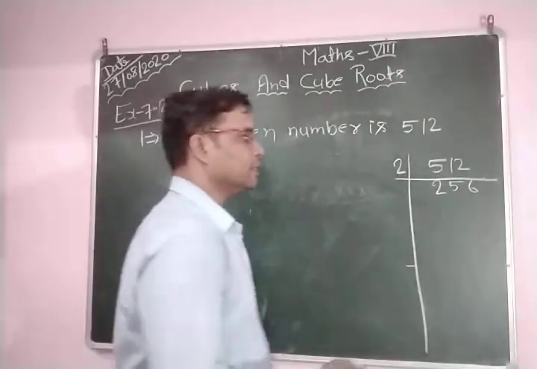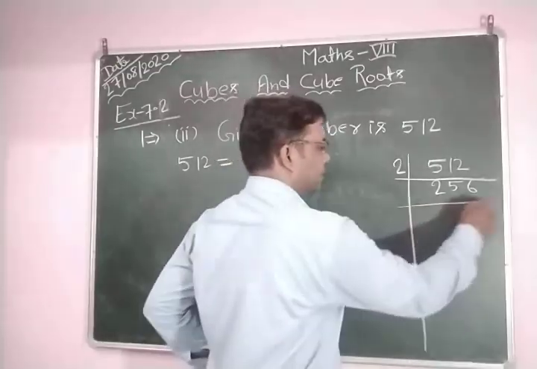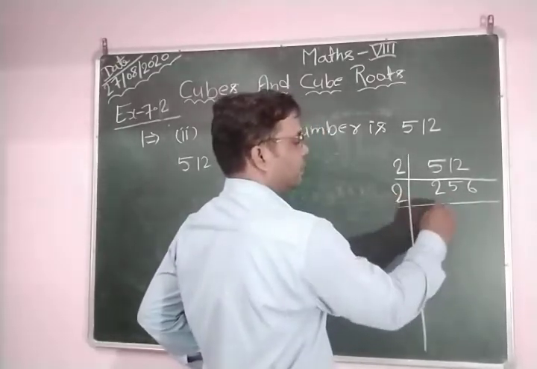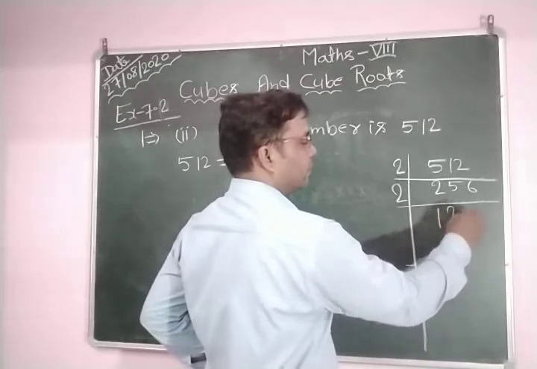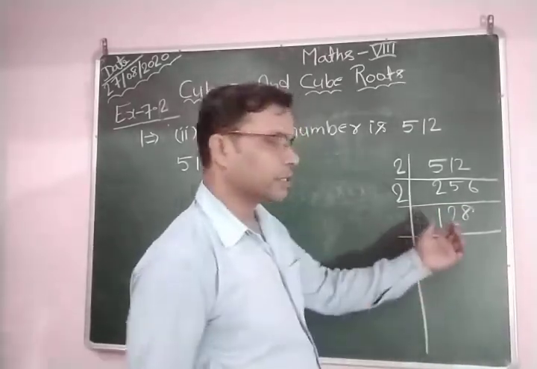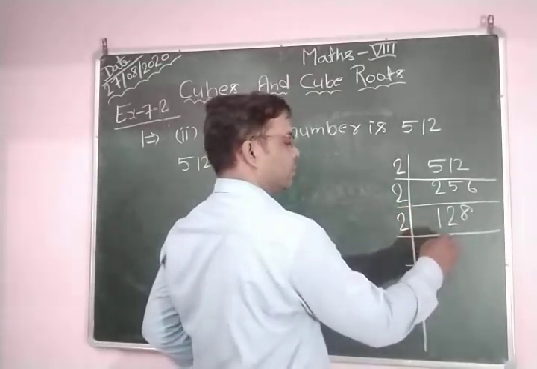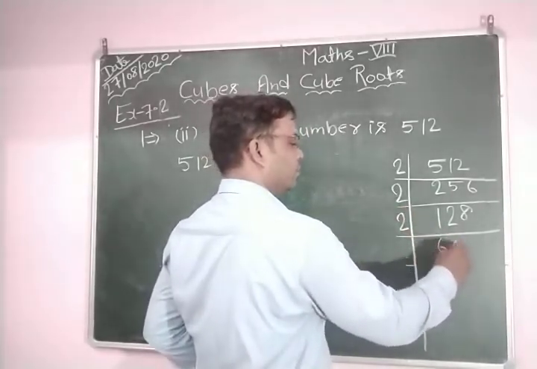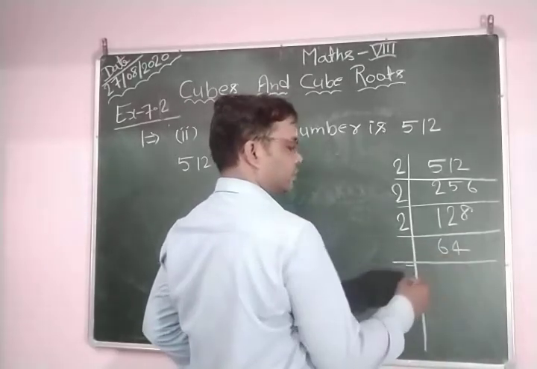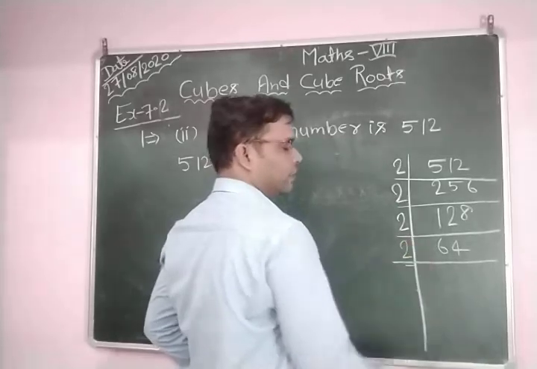Now this number is also even, so we divide by 2 again and obtain 128. Again divide by 2 to get 64.